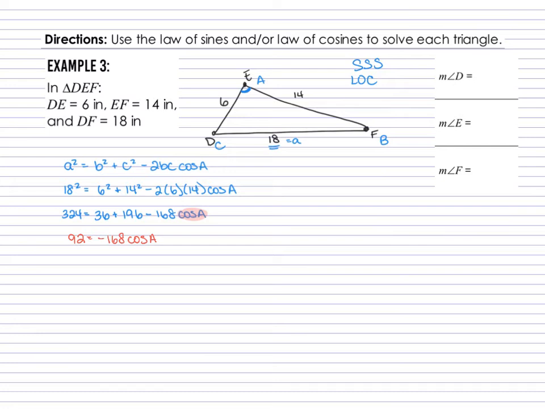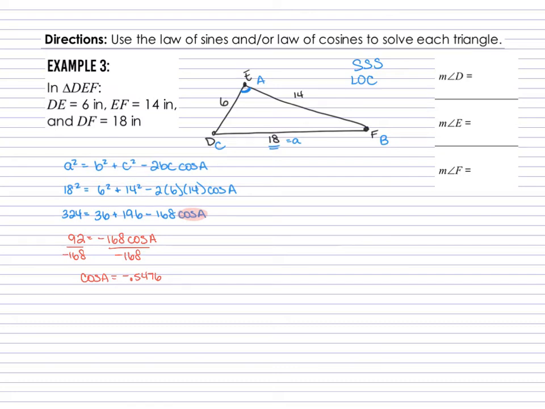Still trying to get cosine of A by itself, so I'm going to divide both sides by negative 168, leaving me with the cosine of A is negative 0.5476. Now, having a negative cosine is okay. It just means that it's in quadrant 2 instead of quadrant 1.